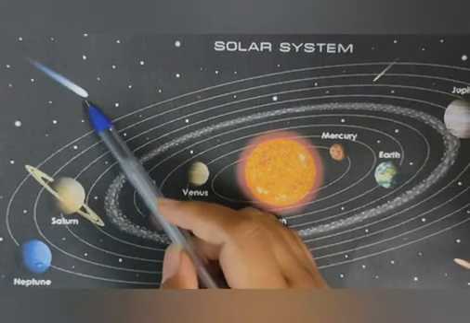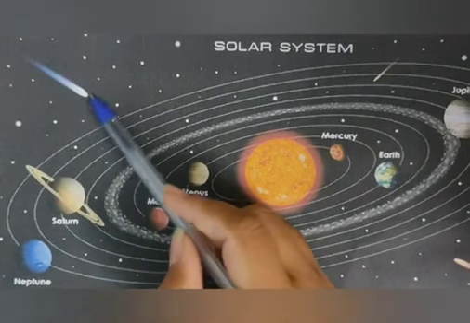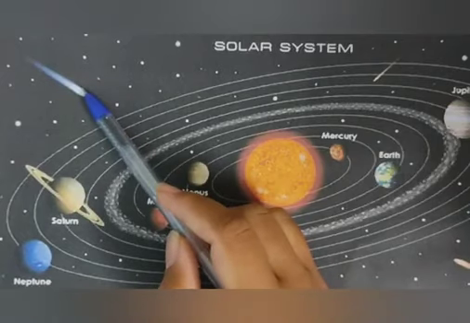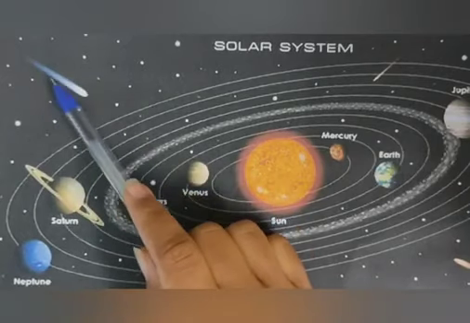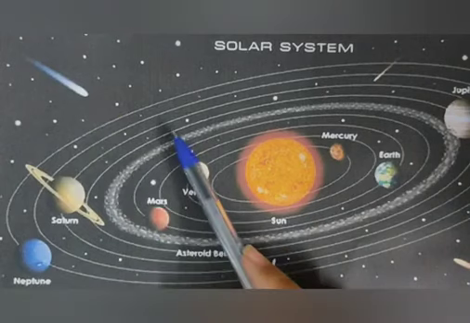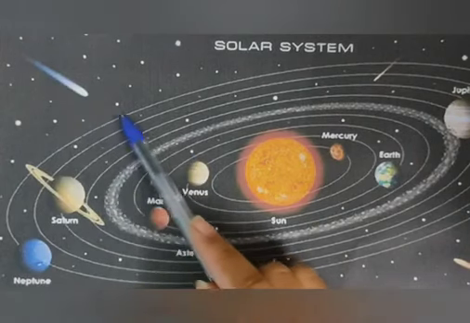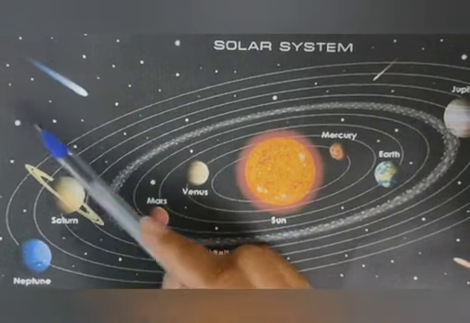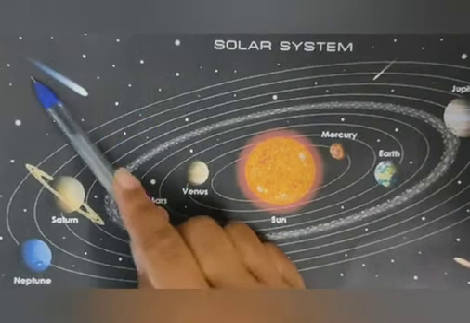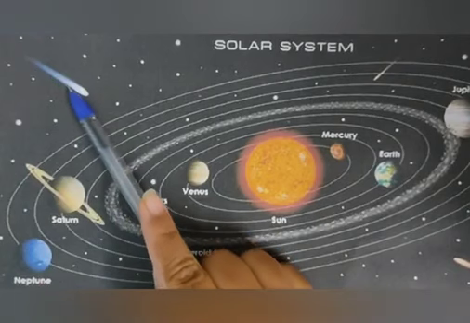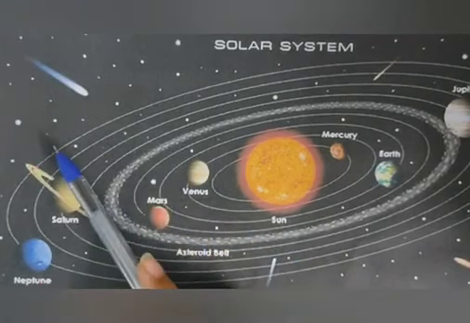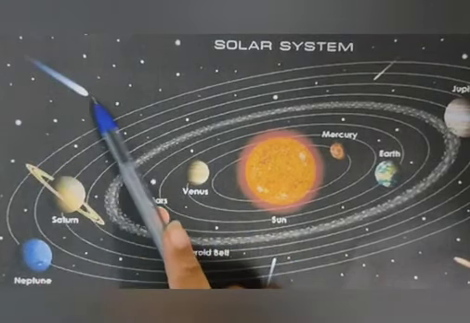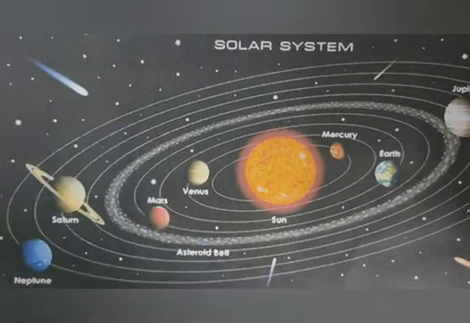As a comet approaches the sun, its tail grows longer, and the tail of a comet is always directed away from the sun. They appear periodically, means after a certain period of time.